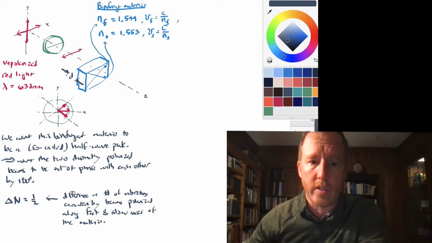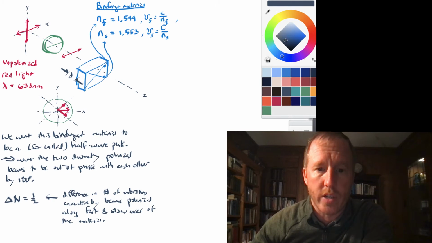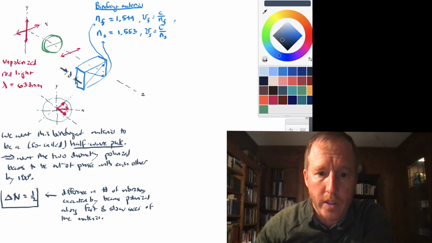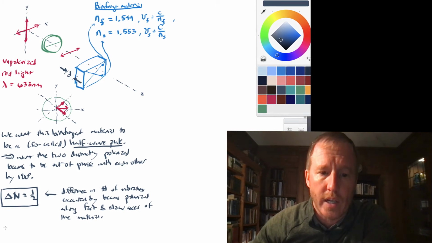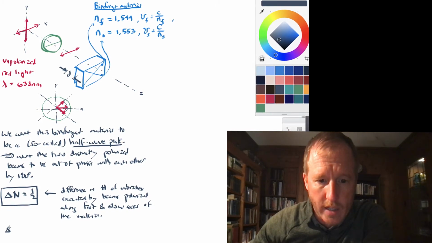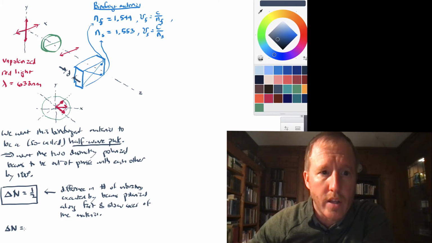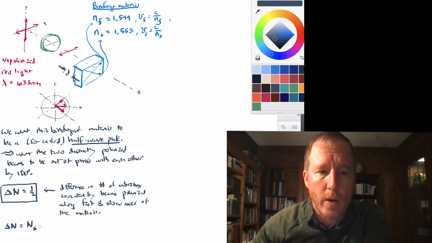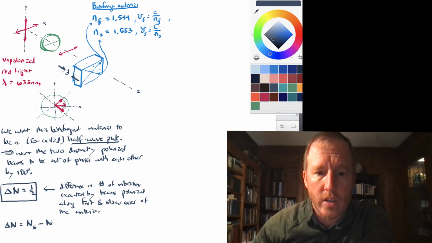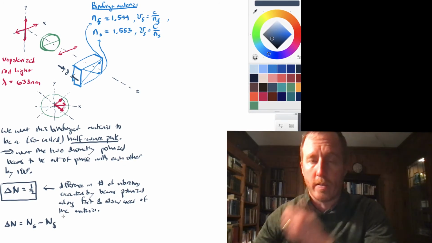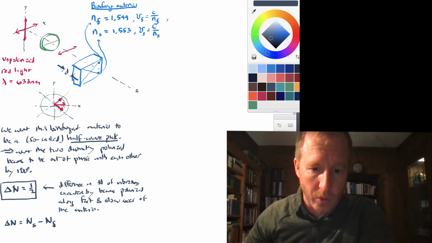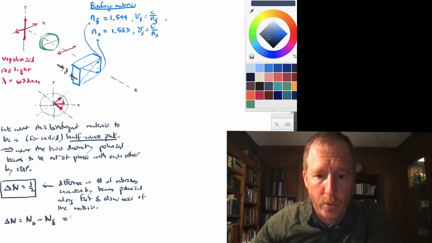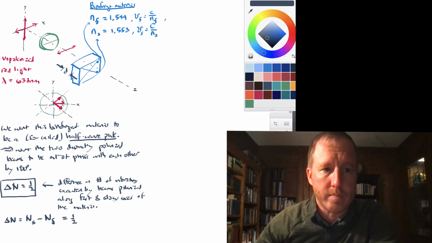Okay, so that's kind of a stipulation that we're setting for this to be a half wave plate. That's the stipulation. What do we mean by delta n? Well, we're basically saying that delta n, that's a difference, is the number of oscillations that the wave polarized along the slow axis undergoes minus the number of oscillations that the wave polarized along the fast axis undergoes. Okay? And we want that to be equal to, again, 1/2.